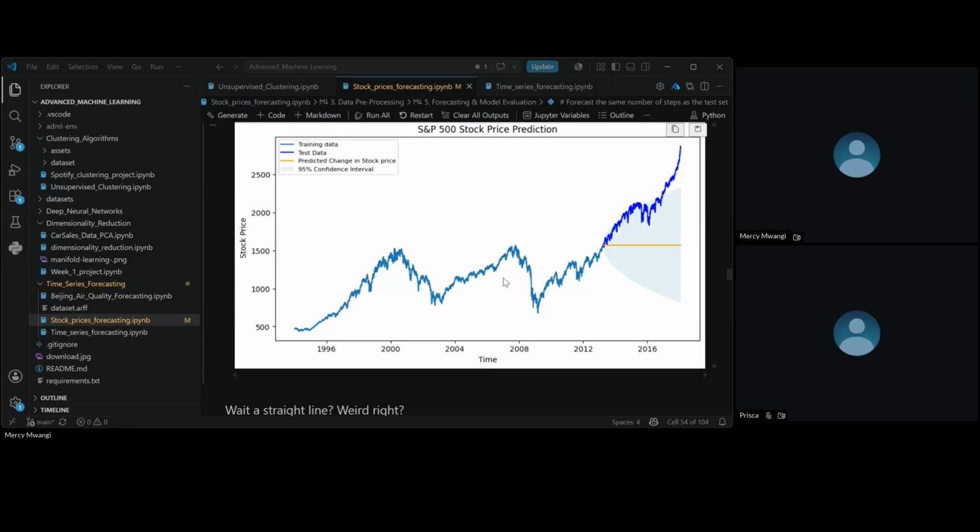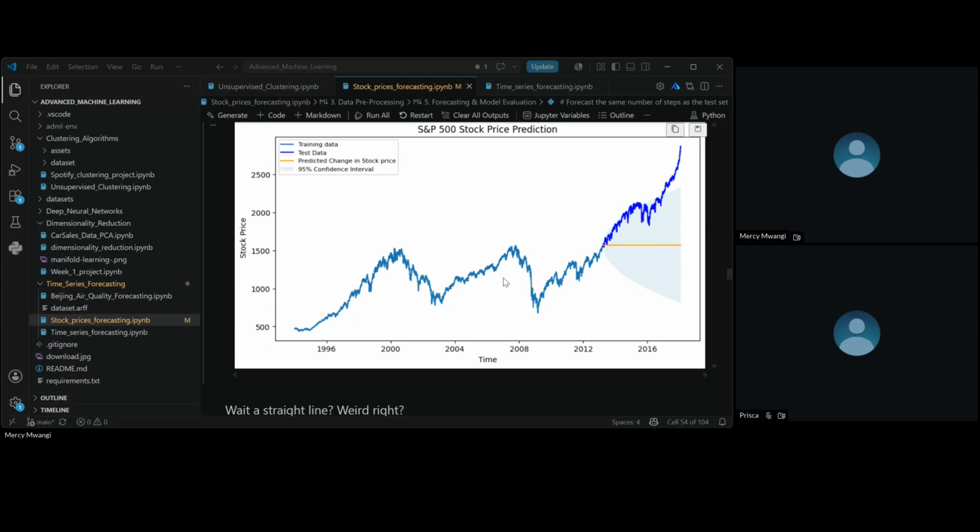This straight line means it predicts a constant mean. Then we have this confidence band, which basically shows the confidence that the stock price is at this value, and it widens as time goes by, right? But where is the value? The value is at the mean.